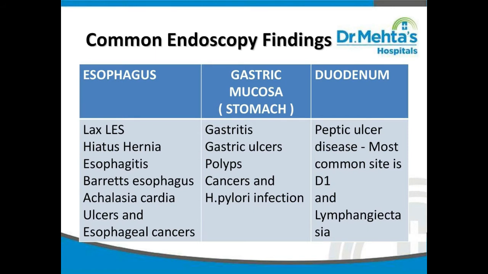In the stomach, we can find gastritis, gastric ulcers, polyps, cancers, and Helicobacter pylori infection. In the duodenum, we can find peptic ulcer disease, the most common site being the first part of the duodenum, and lymphangiectasias.